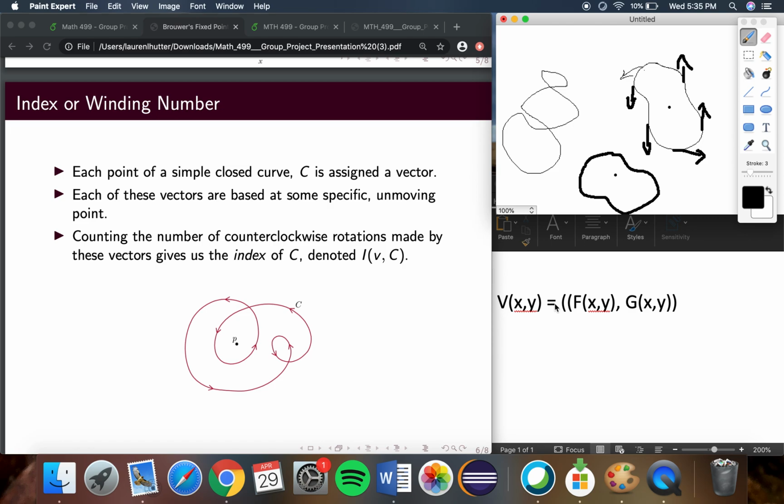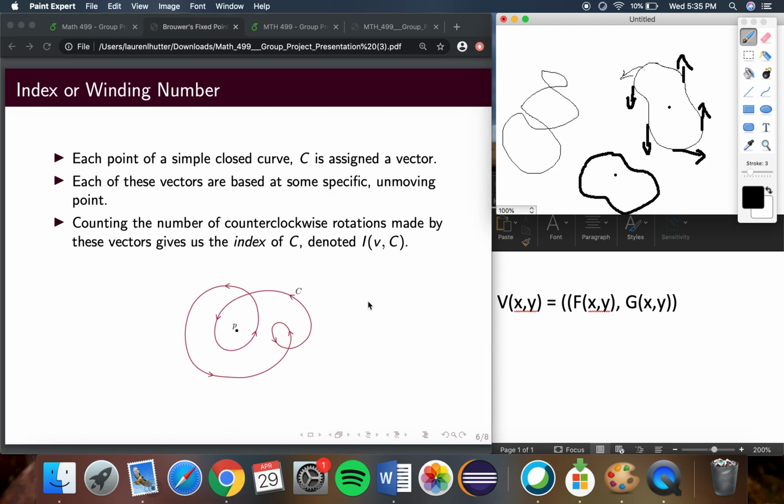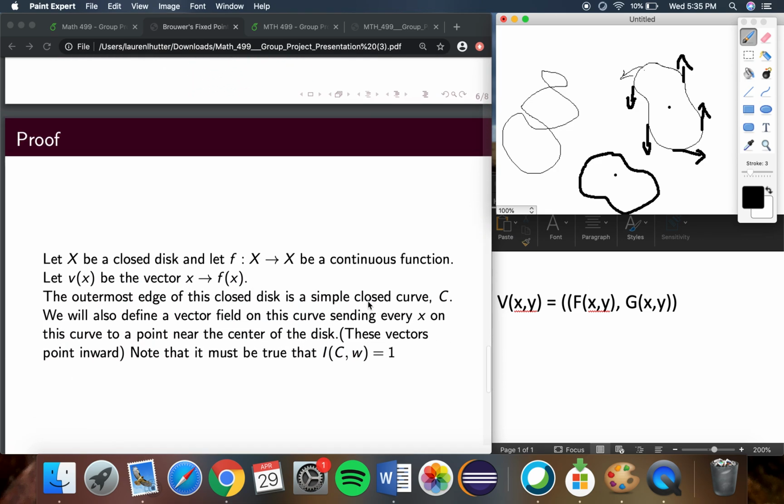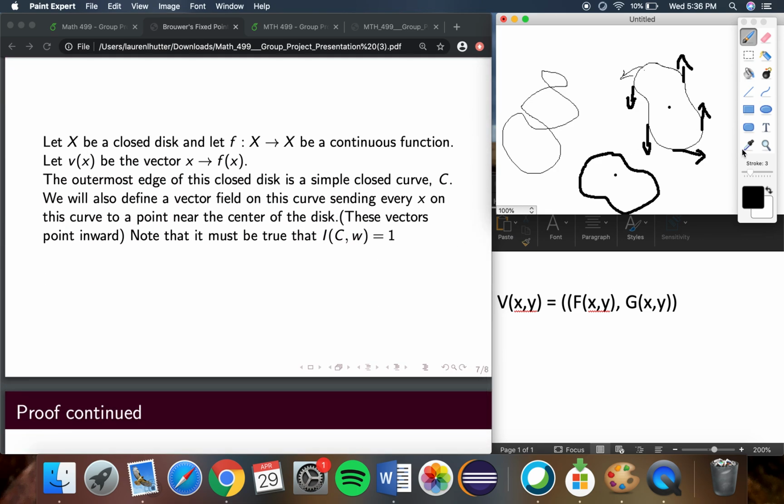So that's another interesting thing to look at. But I think we're ready now to jump into the proof of Brouwer's fixed point theorem.